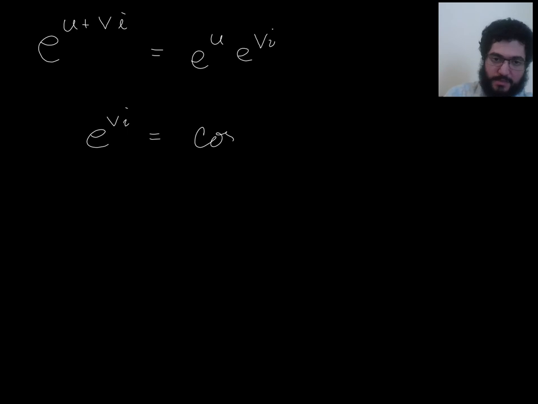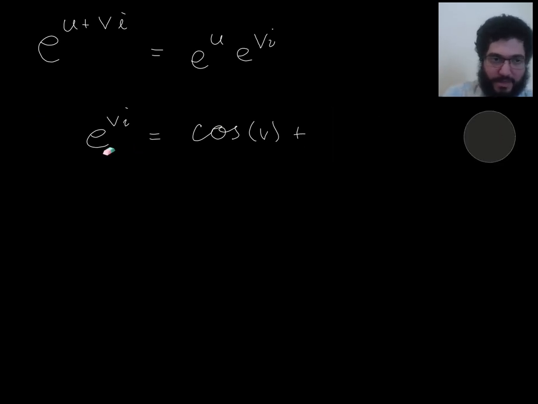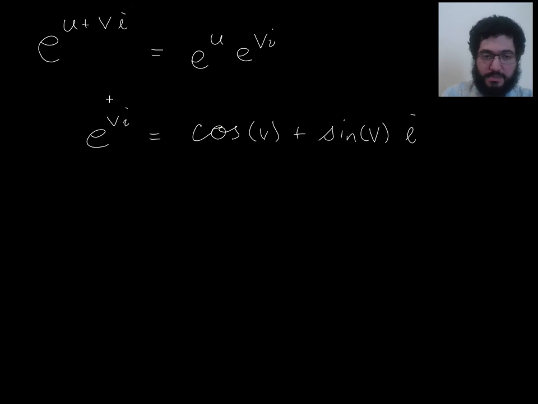We decided it was cosine v plus i times the sine of v. Sometimes I write the i before and sometimes after, so there's nothing wrong with writing sine of v times i. So this is the way of breaking this down into its real and imaginary parts.